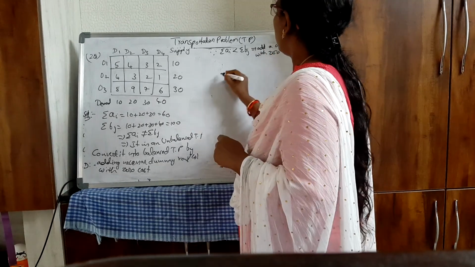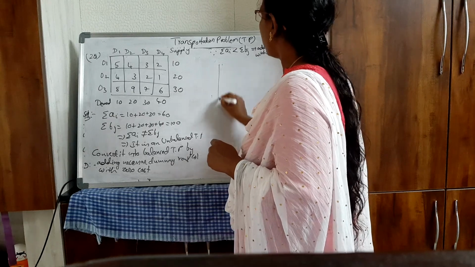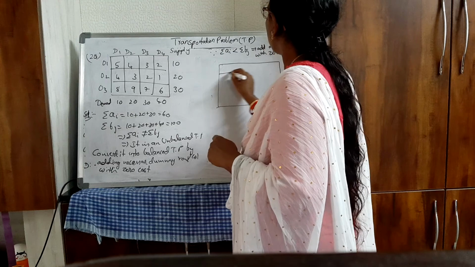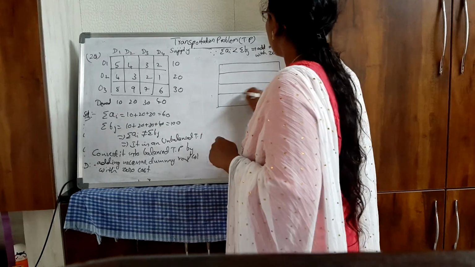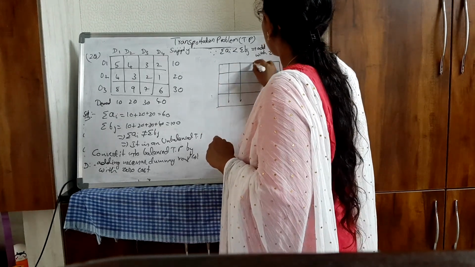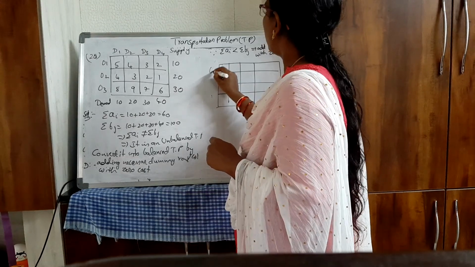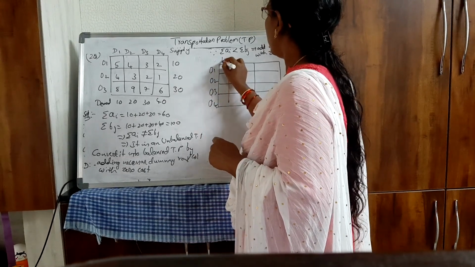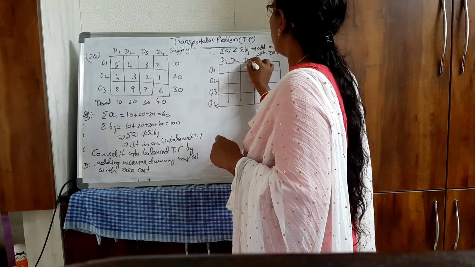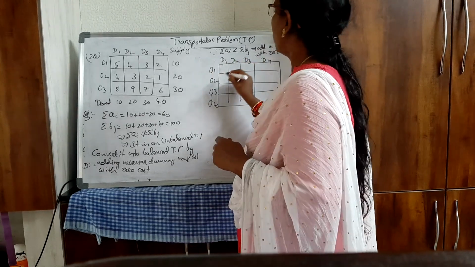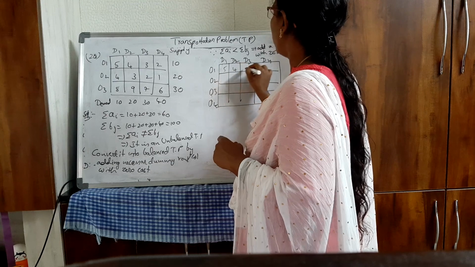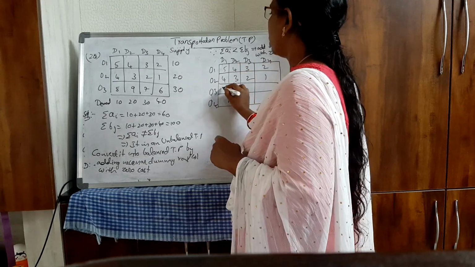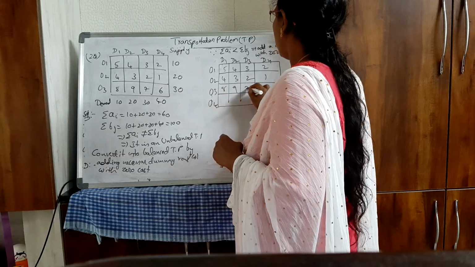So I'll add a dummy row. So this is O1, O2, O3 and O4. Here D1, D2, D3 and D4. So this is 5, 4, 3, 2, 4, 3, 2, 1, 8, 9, 7, 6.